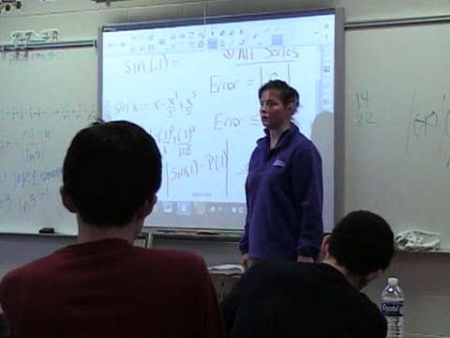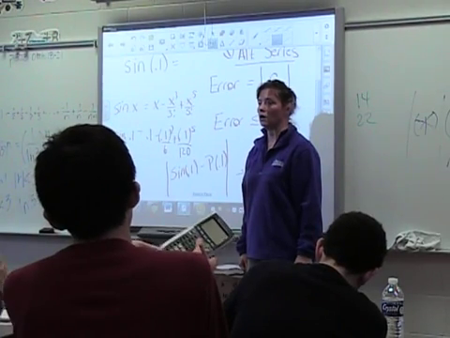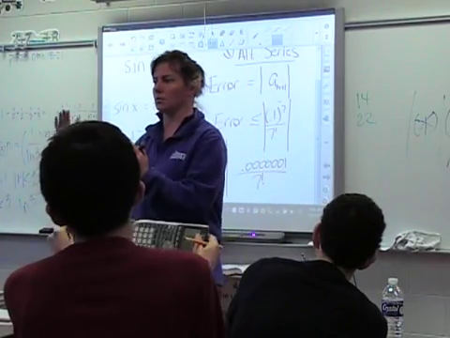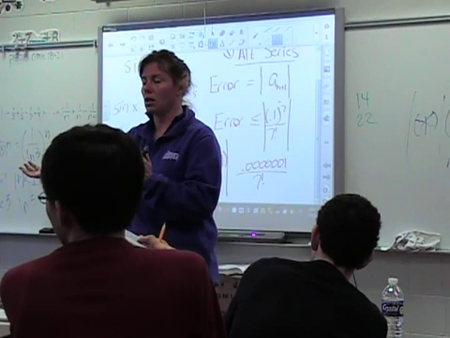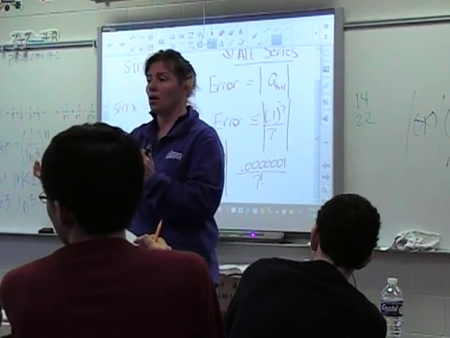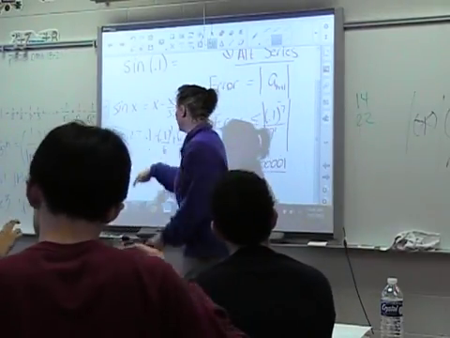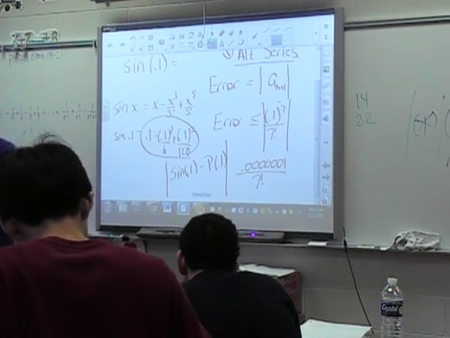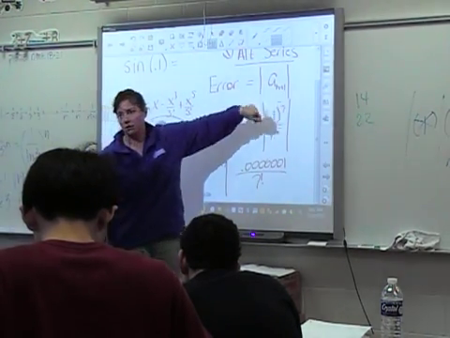Still not getting why it's always less than? Remember, you're adding some, subtracting some, adding some, subtracting some, forever, and what you're adding is getting smaller. The most I can be off, up or down, is this amount.